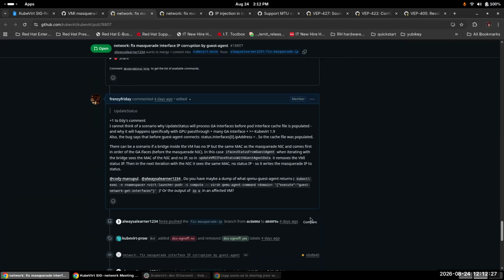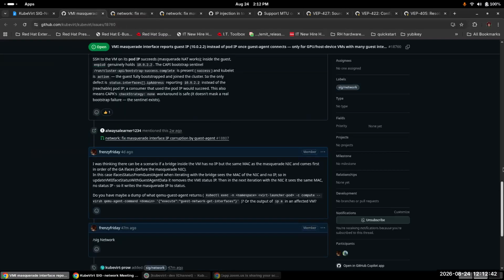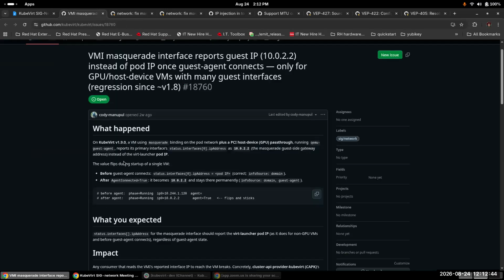It's like they may have seen a race somehow. I don't understand how, but this is why we need to see how to recreate it. I don't think the pod cache was empty, because in the original bug they say that before the guest agent connects, they can already see the correct IP. So if it was reported, it was there in the cache.